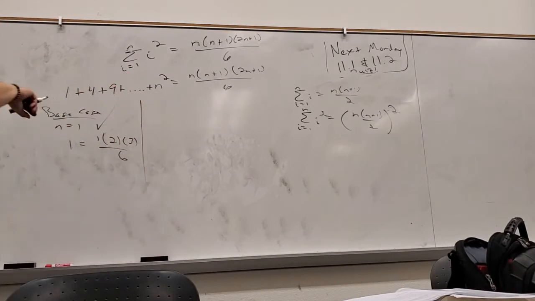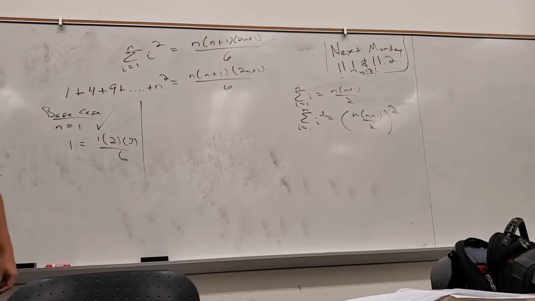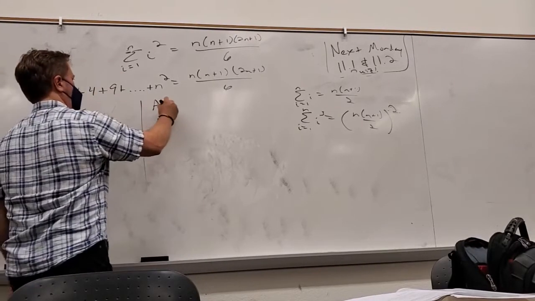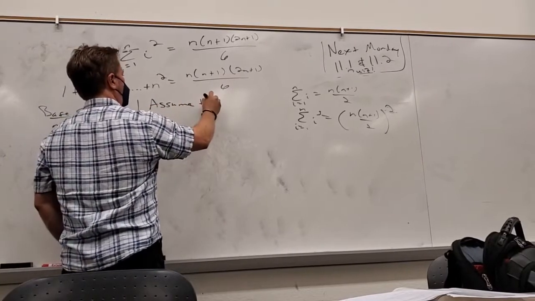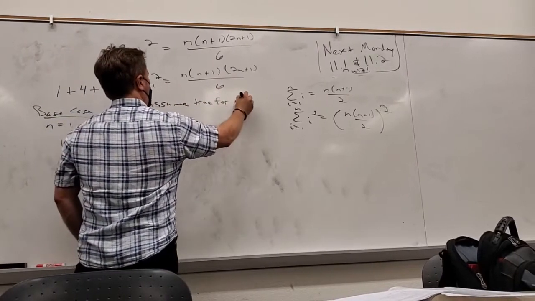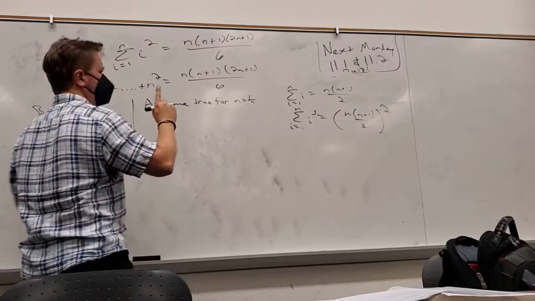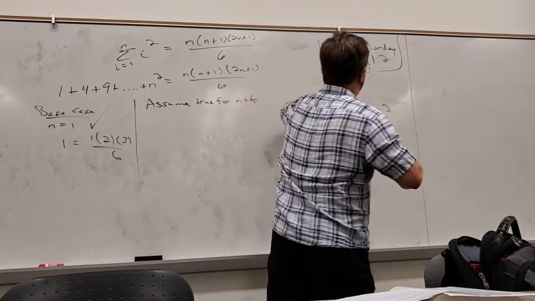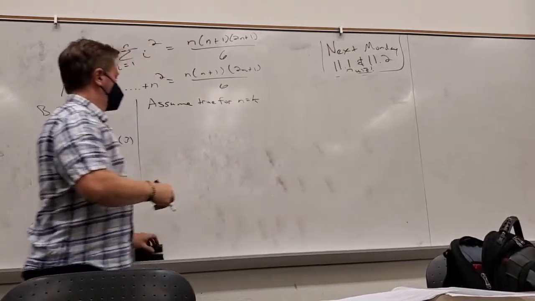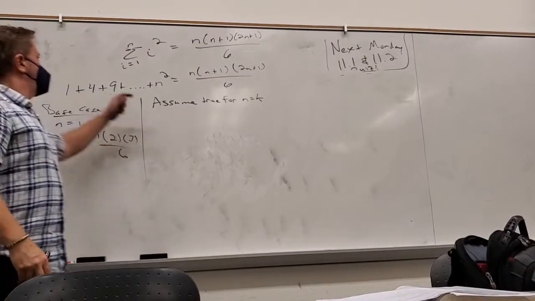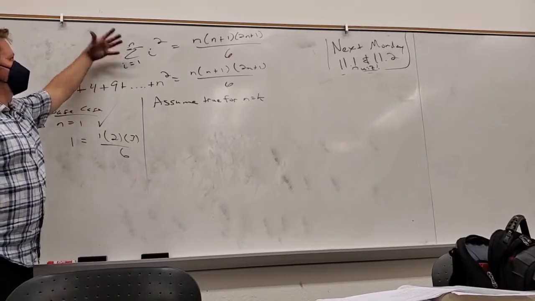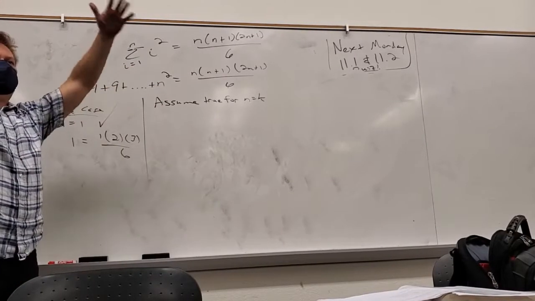Okay. What's the next step? This is the step students don't understand why we can do. Assume it's true. Assume it's true for what? This is the step that either doesn't make sense or students are like, why do you make it k? I don't know what n is. Well, n is just anything. k is a specific place.